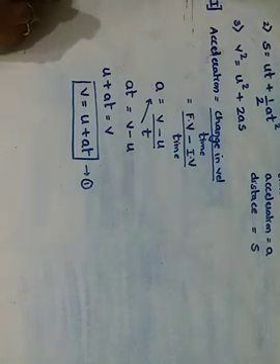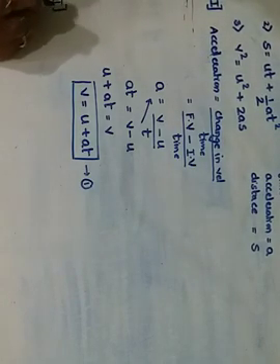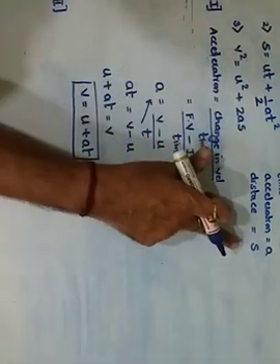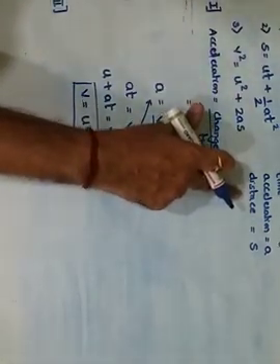Now the second kinematical equation. For the second kinematical equation, we are going to prove s is equals to ut plus half at square. What is your s over here? S is the distance or the displacement taken place.